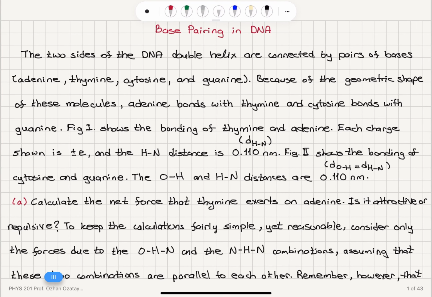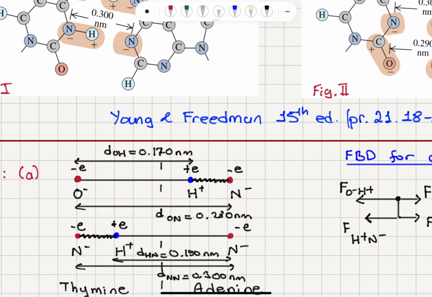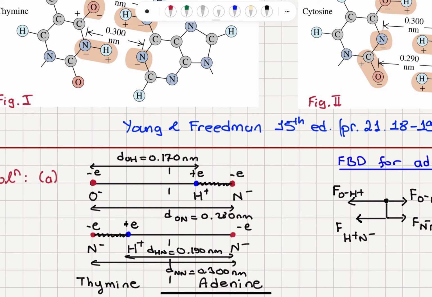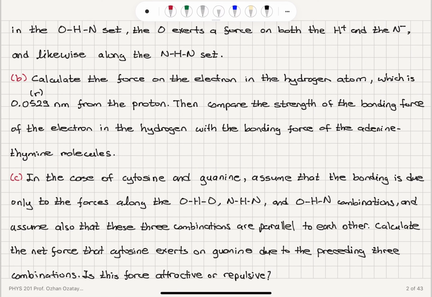So let me check. The hydrogen-nitrogen distance is 0.110 nanometers normally. Now, for the oxygen-nitrogen distance, we have 0.28 nanometers. Hydrogen-nitrogen distance, we have 0.11 nanometers.